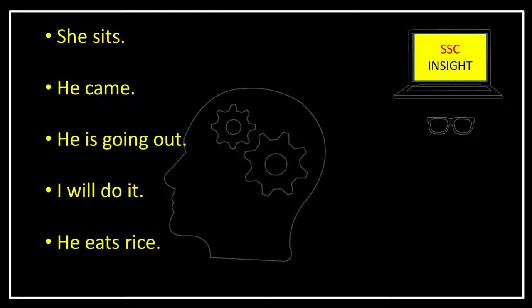The passive voice will be, rice is eaten by him. But in case of the first three examples, we cannot convert them into passive voice. But why? Because without any object, we cannot convert into passive voice. An object is a must.